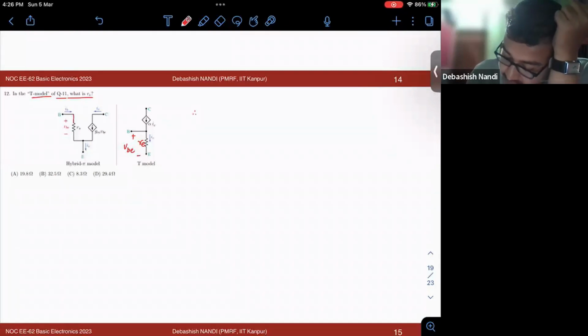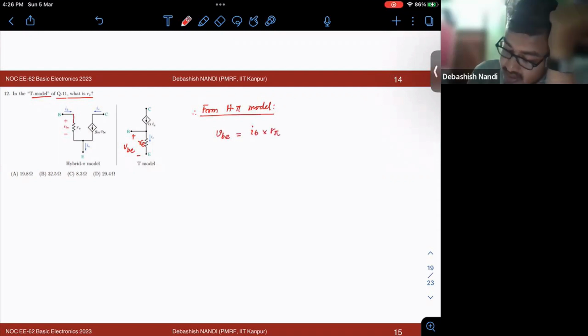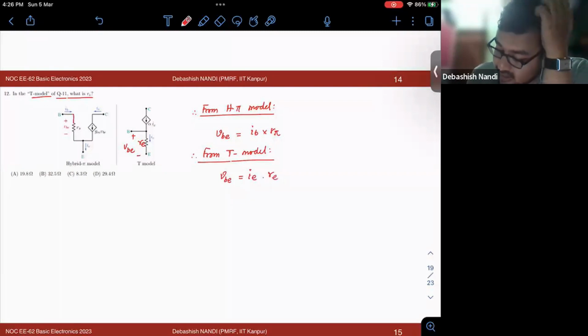So in this case, from the hybrid pi model, VBE is nothing but IB into R pi. And from the T model, VBE is nothing but IE into RE, right?